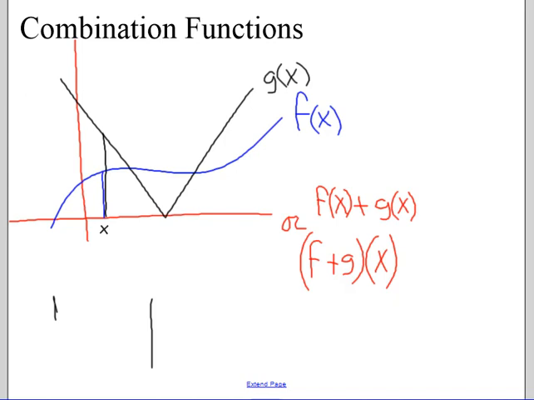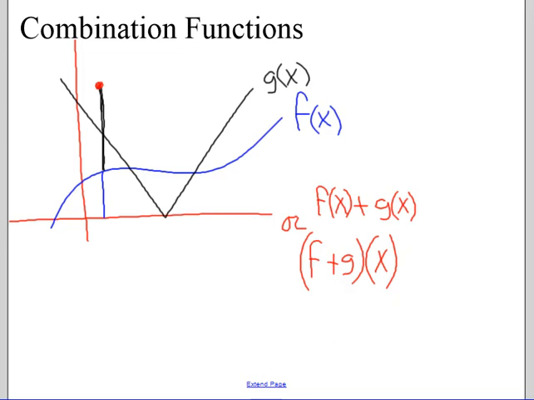That black line is the function value of g at that point. That's g of whatever that x value is. So when it comes to doing f plus g, you literally just take the black one and slide it up and add the two distances together. That's a point on f plus g.